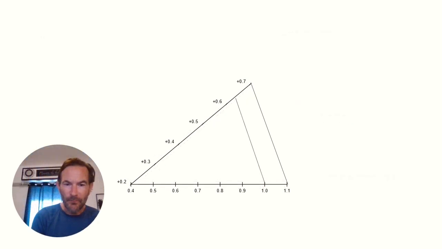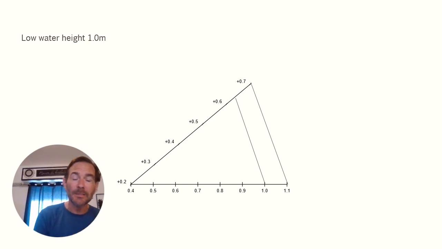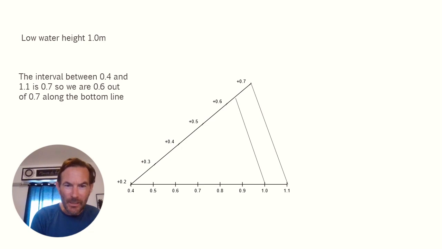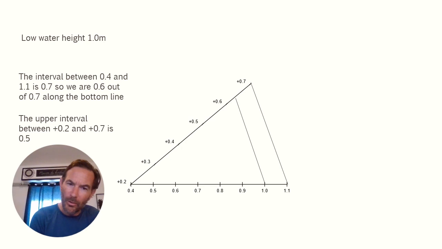We'll do the same thing for the low water height. Low water height is 1 meter. 1 meter is between 0.4 and 1.1 meters. So the interval on the bottom line is 0.7, and the interval on the top there is 0.5. So we are 0.6 0.7ths along the way between 0.2 and 0.7, which is 0.5.